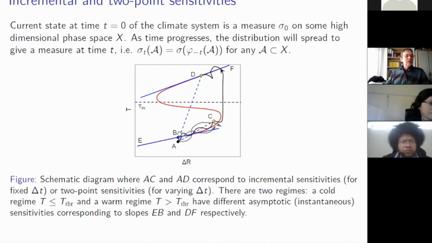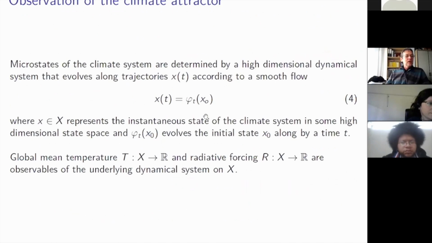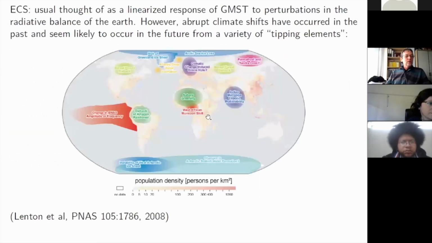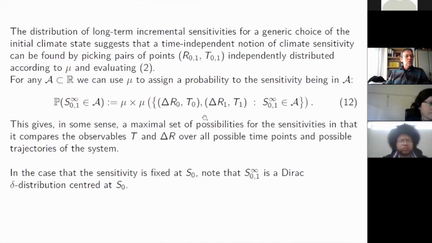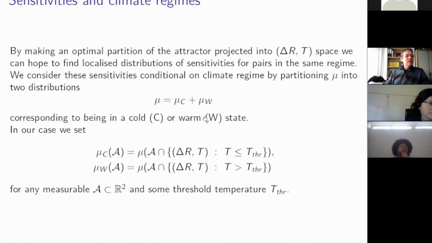So in this we have, if we put a threshold temperature here, and we say everything above this is in the warm, everything below is in the cold regime, how can we relate the sensitivity to the state, and in particular changes between state?